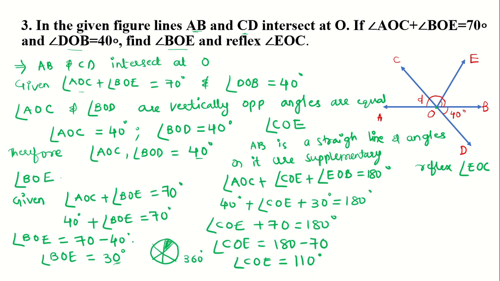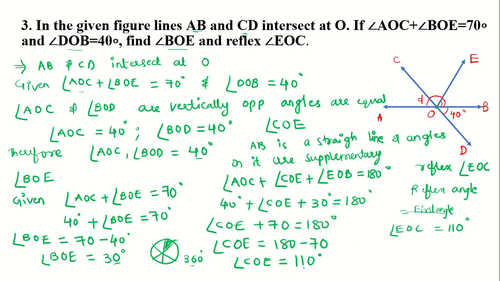To find the reflex angle, simply subtract the first angle from the full circle. What is the full circle? It is 360 degrees. And what is the first angle? It is our angle EOC. Now, reflex angle equals 360 degrees minus the first angle. Okay, so angle EOC, which is your first angle, is 110 degrees.